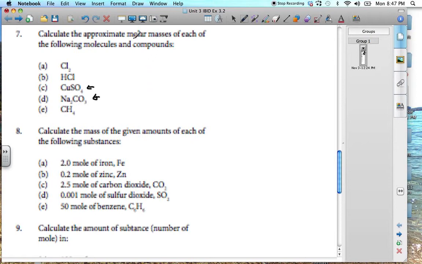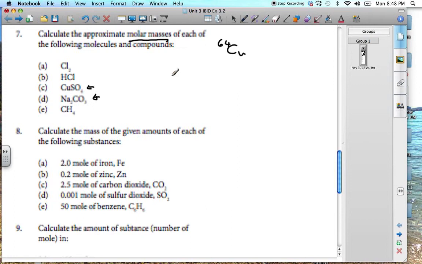So calculate the approximate molar masses of each of the following. For each of them, when you look at the periodic table, you'll get copper, for instance, and I think it's 64. I may be wrong, but we'll work with 64. That number at the top is your molar mass.